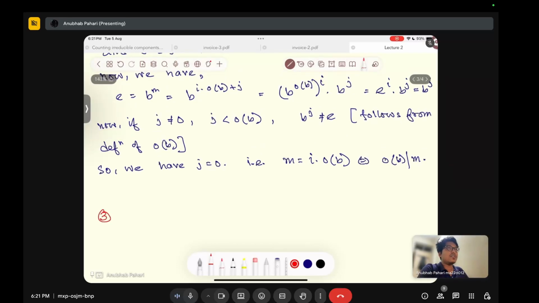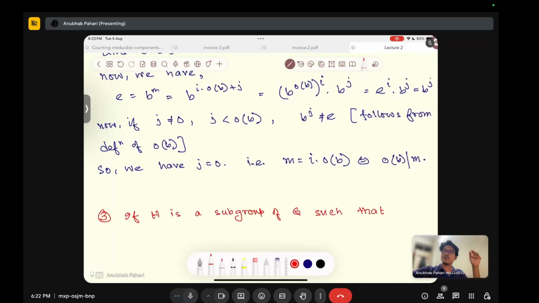Okay, so first let's start with an easy one. If H is a subgroup of G such that, by the way, I am following exercises from Herstein's Topics in Algebra.